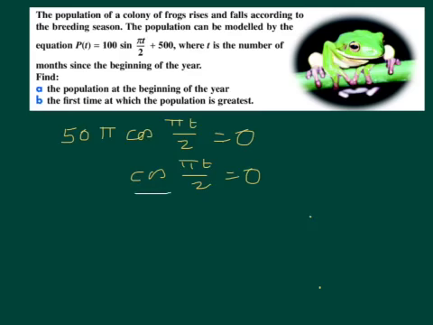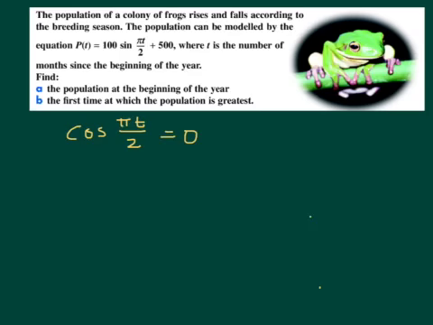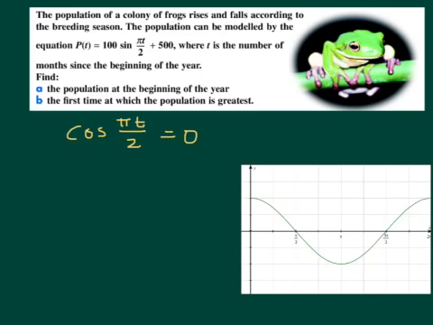Now, where is the cos graph equal to 0? We need to have a look at the cos graph to see when the cos graph is equal to 0. When we look at our cos graph, we can see that it is equal to 0 at these two places. Now, we are looking for the first time at which the population is the greatest, so we are considering the value of pi over 2.